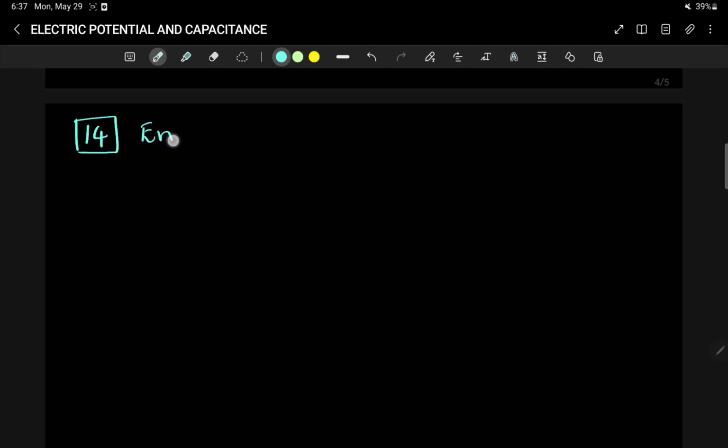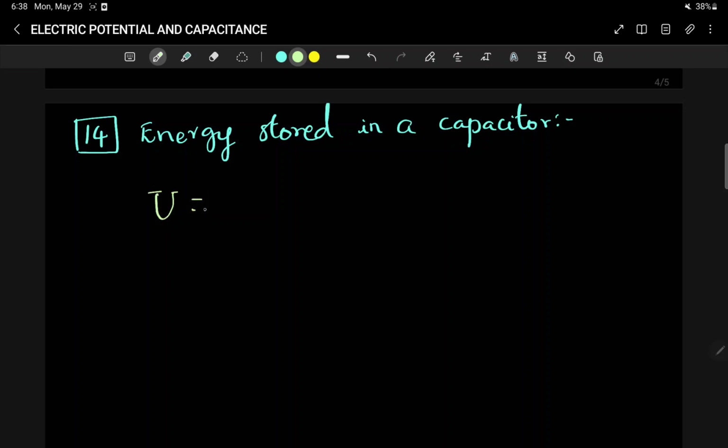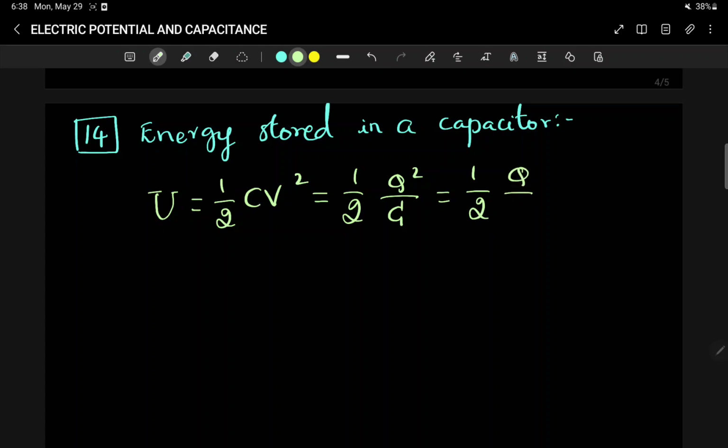Energy stored in a capacitor is given like this: U is equal to half CV square, or you can also write Q square by 2C, or if you substitute, you can also write half Q into V.